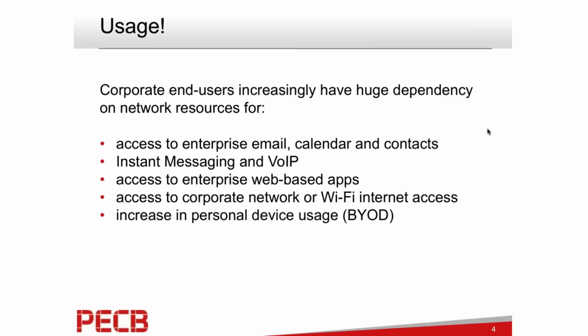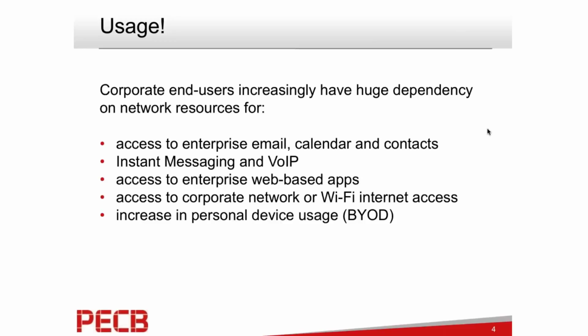Again, you're traveling across your network infrastructure to your data center, or even if it was a cloud-based application, you're accessing it through your network resources. You're also accessing your corporate network, maybe through a Wi-Fi hotspot, maybe through a VPN connection, through public internet access. And of course, there is the never-ending and ever-increasing use of personal devices.